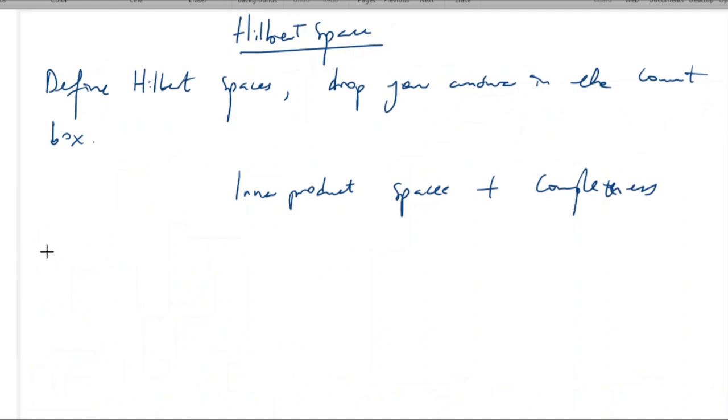So take note that norm is talking about length, inner product is talking about angle, Banach space is talking about norm plus completeness, and Hilbert space is talking about inner product plus completeness.